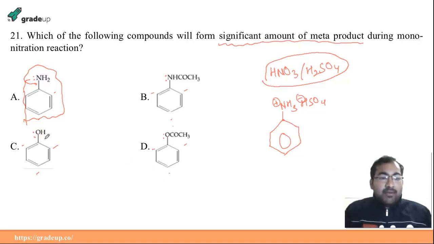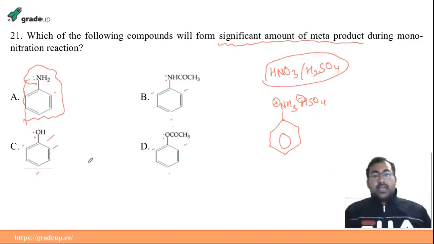This does not happen with OH, because phenol is itself a kind of acid, and it doesn't happen in the acidic solution. It doesn't happen with OCOCH3. You can fairly argue that this can happen with NHCOCH3, but again it's not the case. Why? Because the electron pair of N is not freely available to get attached with the H plus ion, because it is resonating inside the ring as well as with the carbon attached to it, which also has a double bond with oxygen.